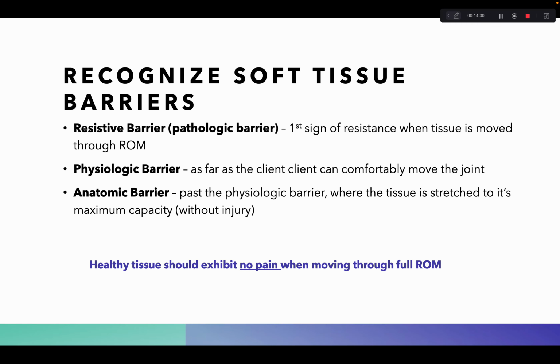Then you have your anatomic barrier. This is past the physiological barrier where the tissue is stretched to its maximum capacity without injury. We're not pushing past their anatomic barrier. Now remember, healthy tissue should exhibit zero pain, no pain when moving it through range of motion.